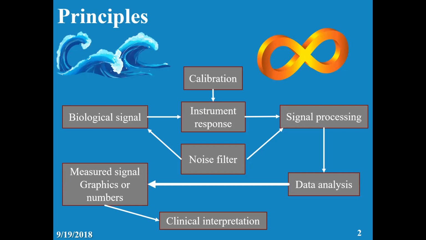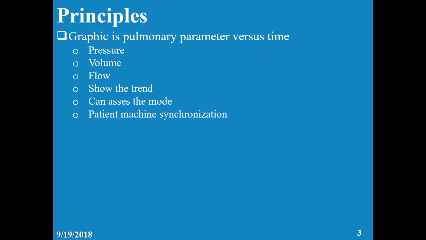And once it's processed, it can provide it as analog or as digital. Once it goes to analysis, it measures it as numbers or graphics, and then we interpret it. Okay? So the graphics is a pulmonary parameter versus time.